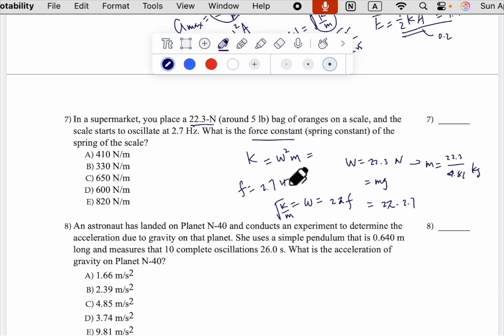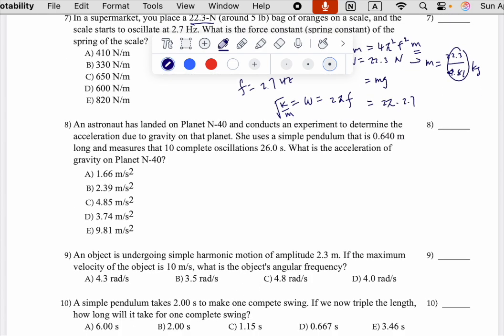What is omega squared? It equals 2 pi f squared times m, equal to 4 pi squared f squared m. So you can figure out what k is. Just plug in, everything's here. Keep in mind you have to use 22.3 divided by 9.81 as your mass.